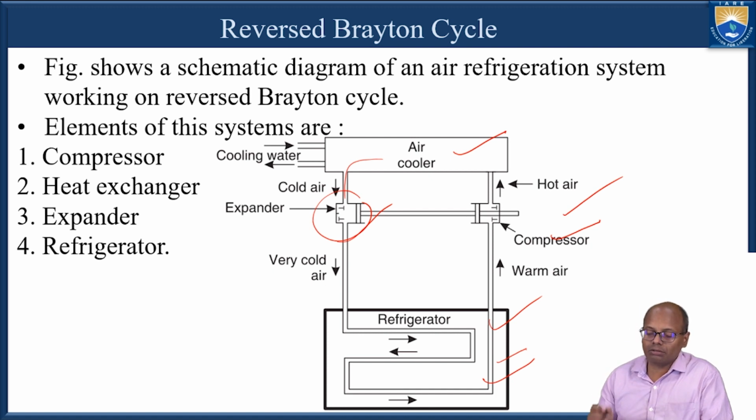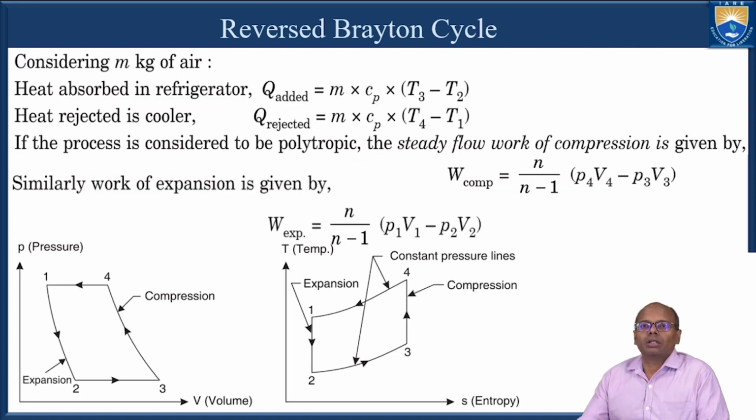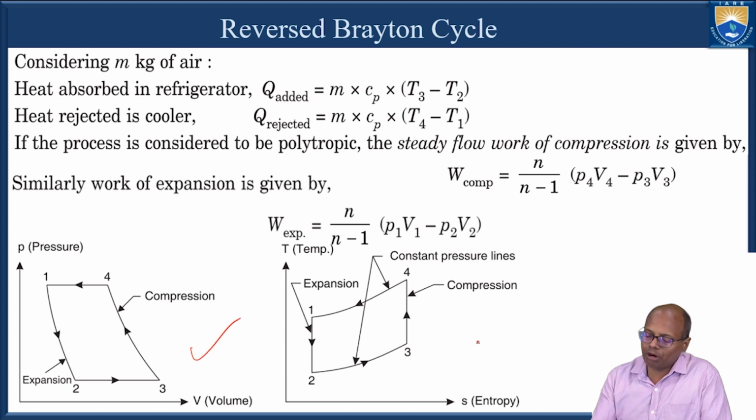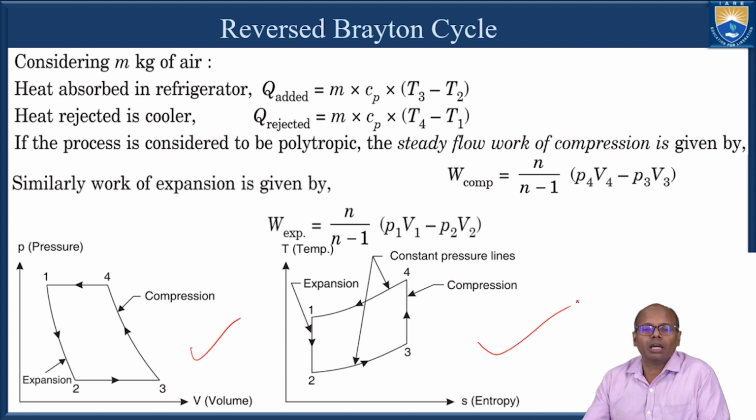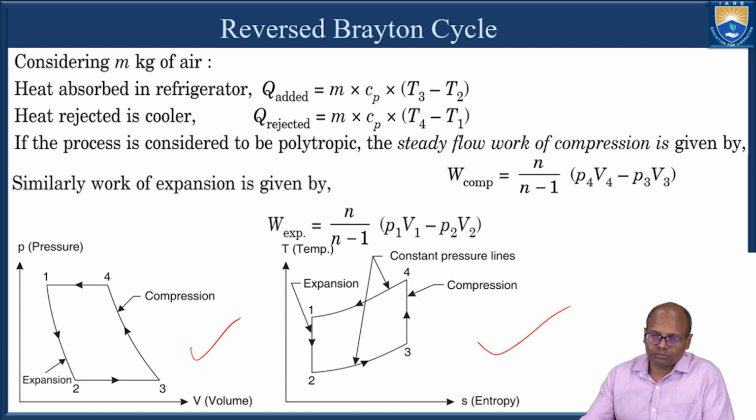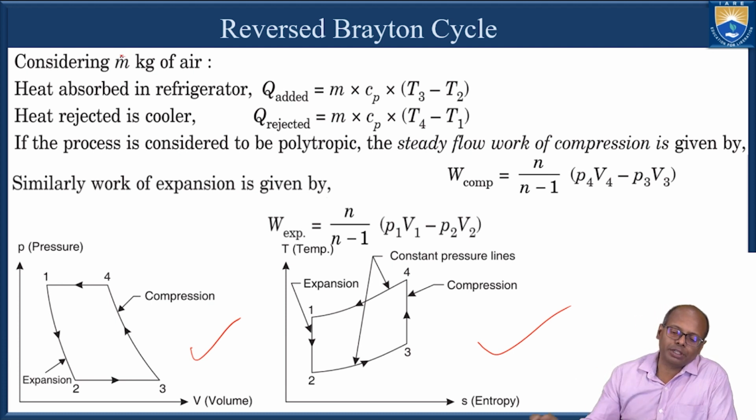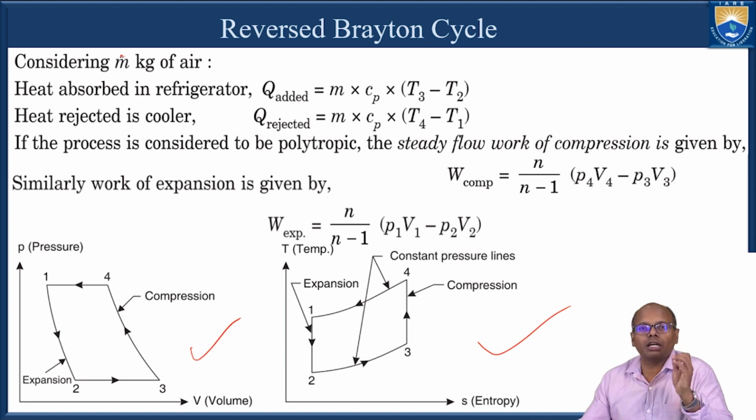Now here, this is the typical schematic diagram of the reversed Brayton cycle that we can see in many of the textbooks. Coming to the analysis of this cycle, with the help of these diagrams, we will see how to analyze it. Suppose m is the mass of air in kg that is being circulated.